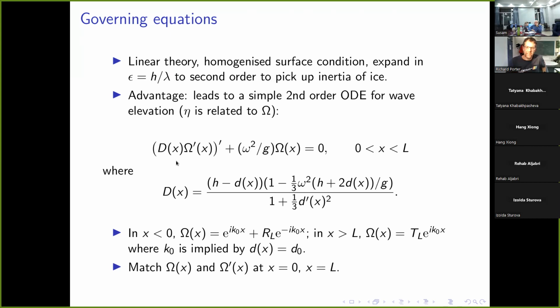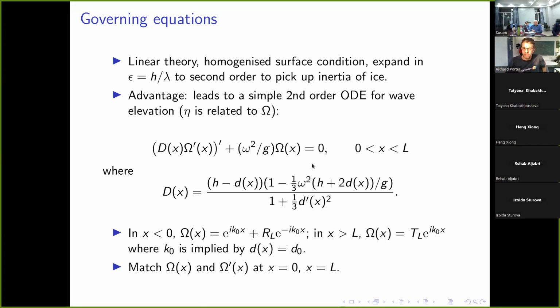Okay, so it also includes the depth and the frequency, but this is what this function looks like. Okay, and significantly, I get extra terms because I've included the inertia of ice. So I get this gradient term and this weakly dispersive term here.